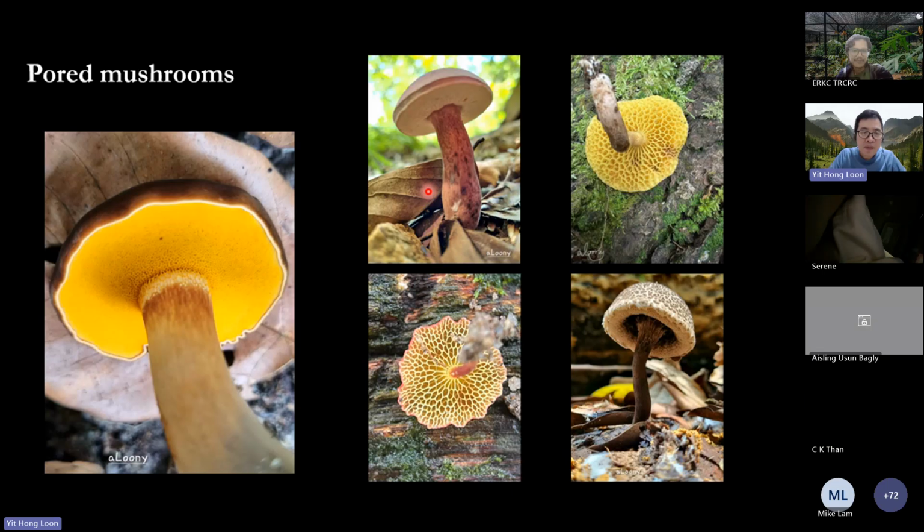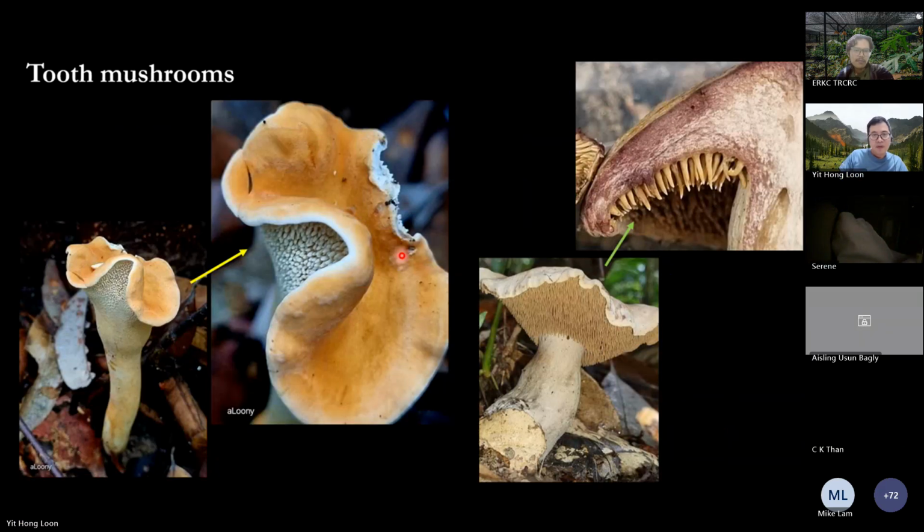You can see the first gill mushroom and this mushroom are different. So from there I know this could be a bolete, and just now it could be a common gill mushroom.